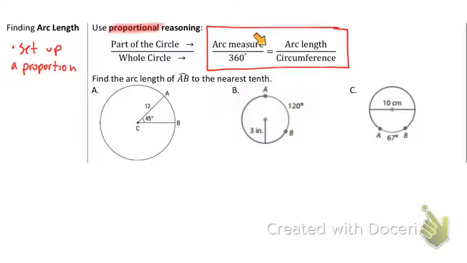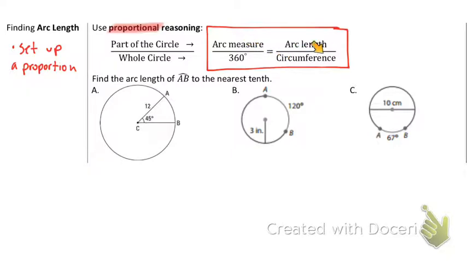Then we put it equal to another fraction with the entire circumference, the entire distance around the circle, on the bottom, and on top, the piece that we want. Once we set this up, we cross multiply, just like we did before, to solve.